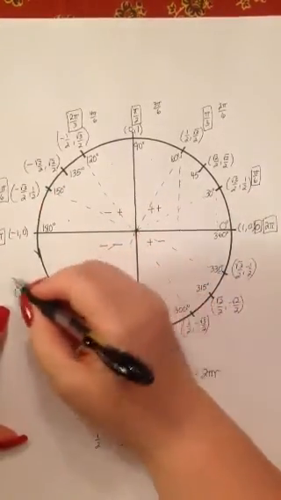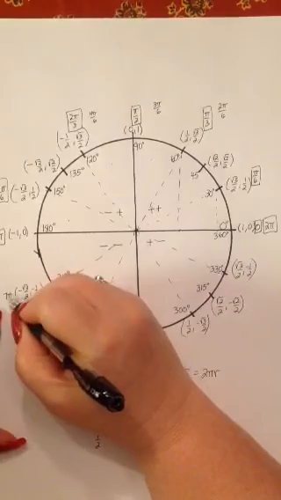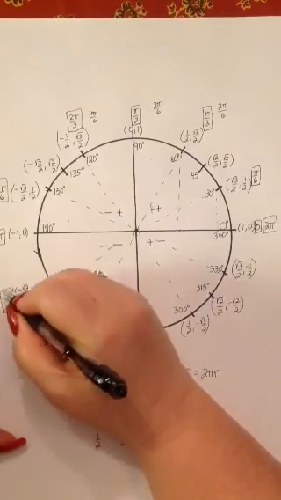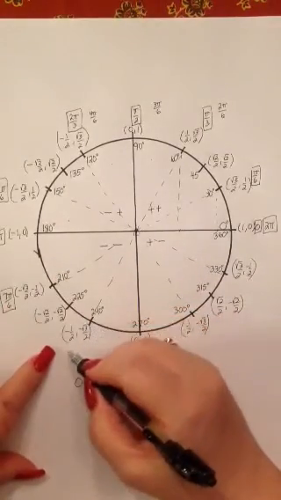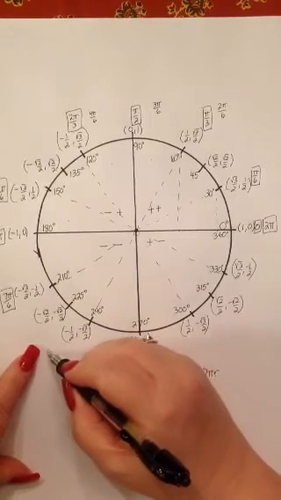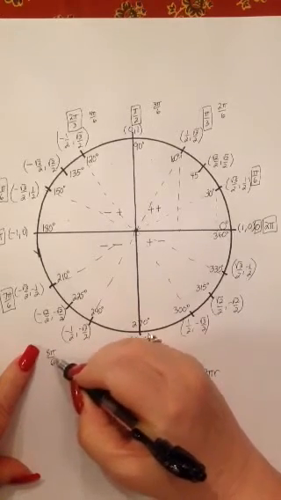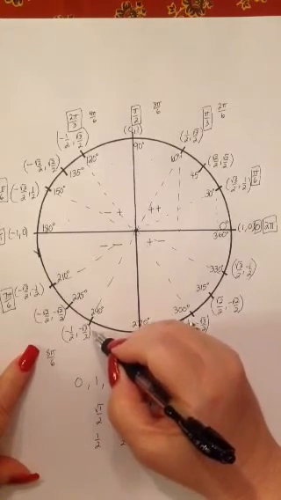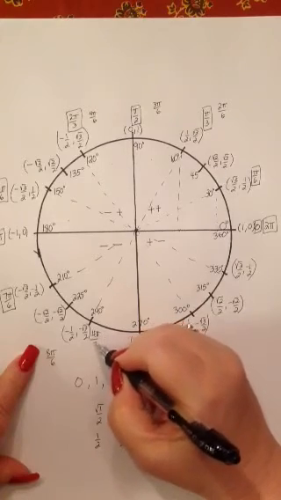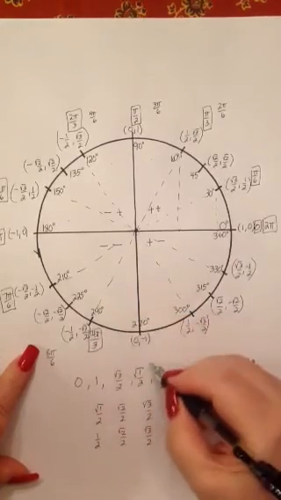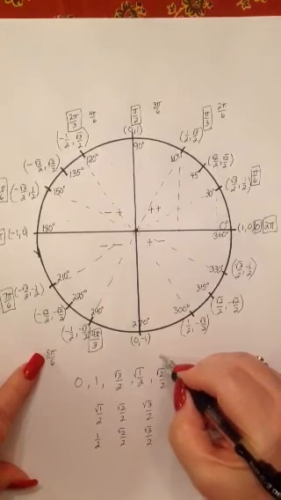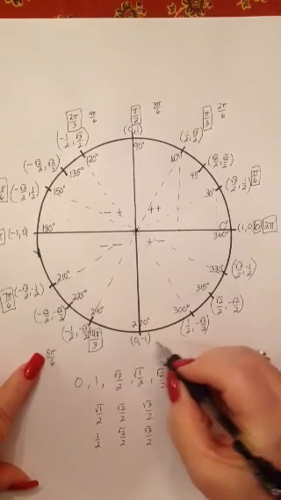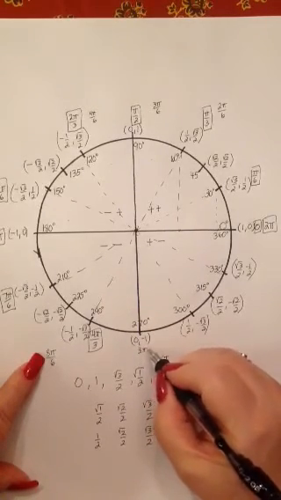At 210 it would be 7 pi over 6. Down here by 240 this would be 8 pi over 6, but that reduces to be 4 pi over 3. And down here at 270 it would be 9 pi over 6, but that reduces to be 3 pi over 2.